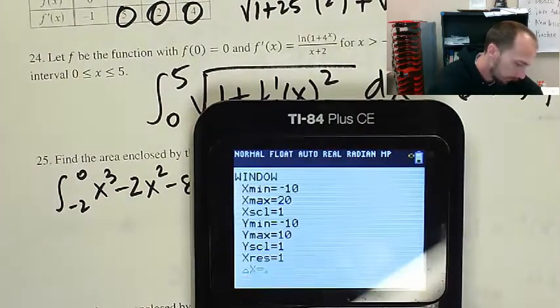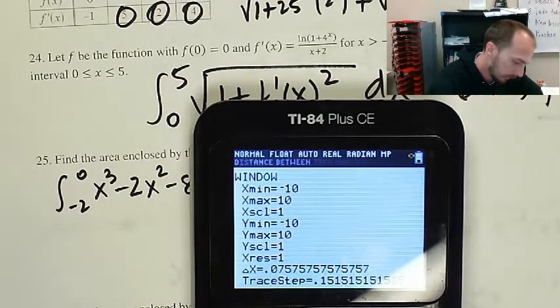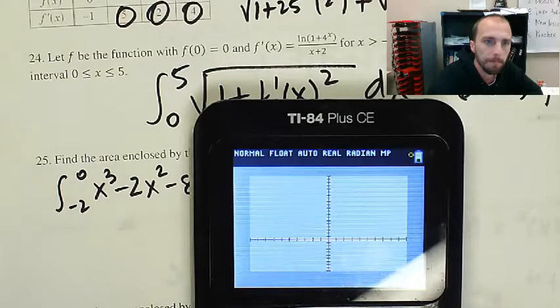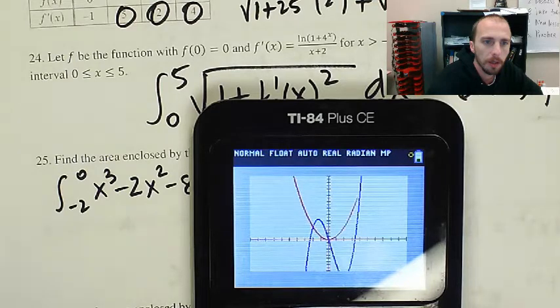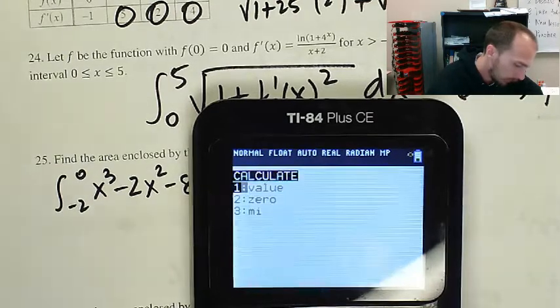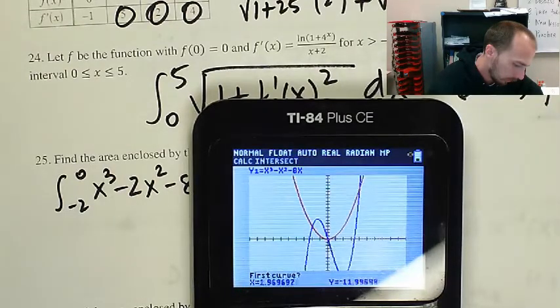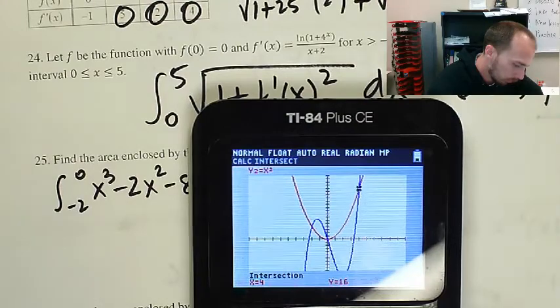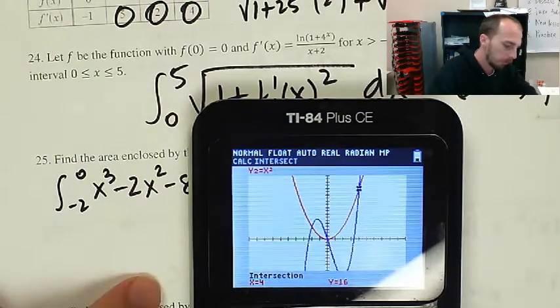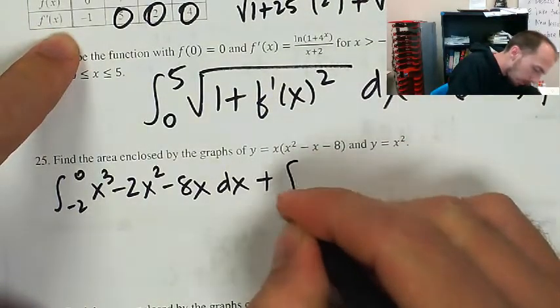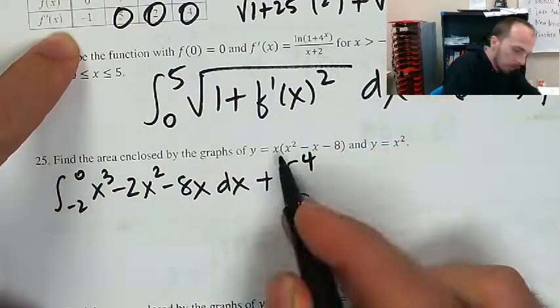That was not what I meant to do. I want the y to be more extended. There we go. Okay, so we're going to find the intersection there. It's 4 and 16, so x equals 4. And then it'd be the integral from 0 to 4 of x squared minus that.